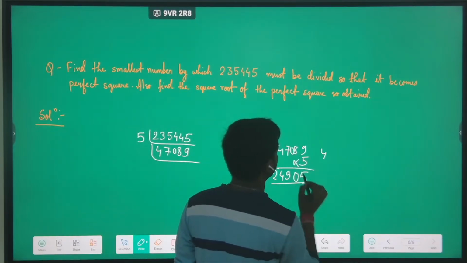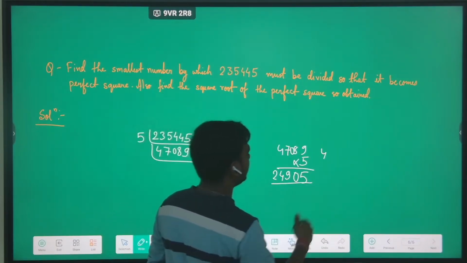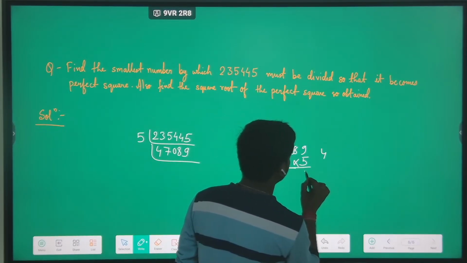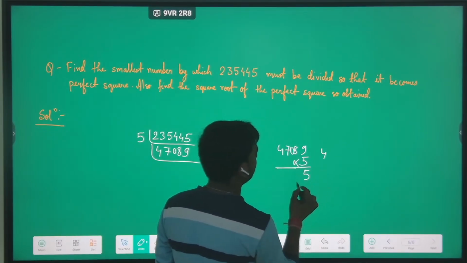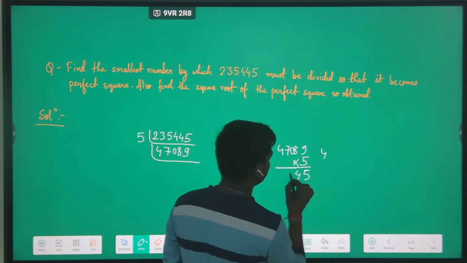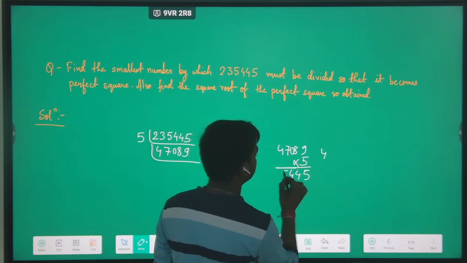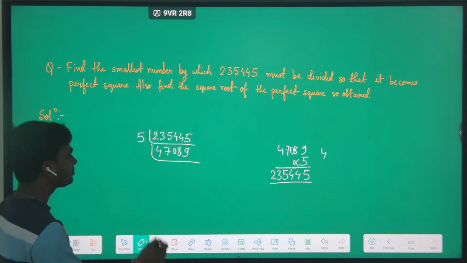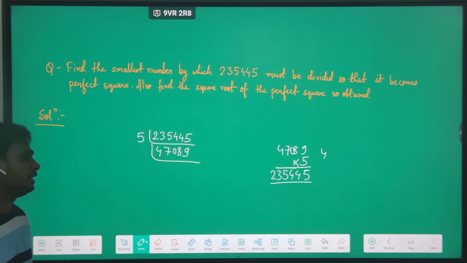If we write 47089 here, what will it be? 9 into 5 is 45, 8 into 5 is 40, plus 4 is 44, 5 into 0 is 0, 0 plus 4 is 4, 7 into 5 is 35, 5 into 4 is 20, 20 plus 3 is 23. So here it will be 47089.